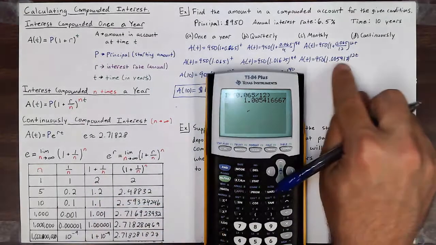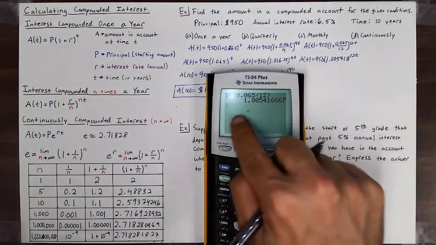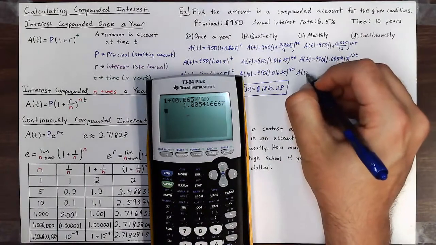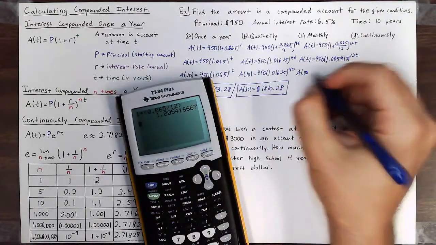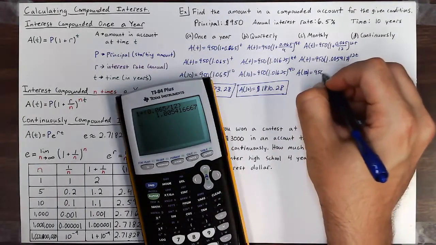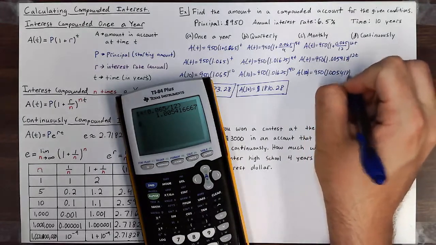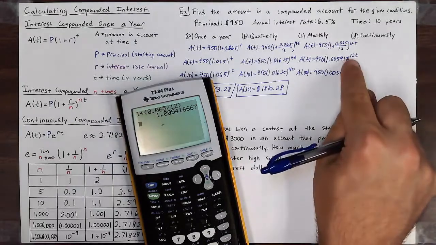That's going to be dangerous to round in this case, so I'm just going to use the answer in this next part. A of 10 in this case will equal 950 times 1.005417 to the 120th power, which is 12 times 10.